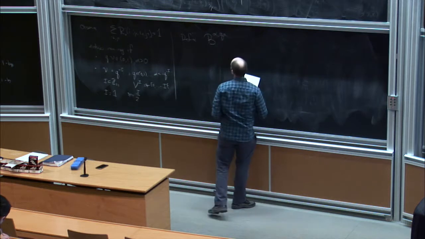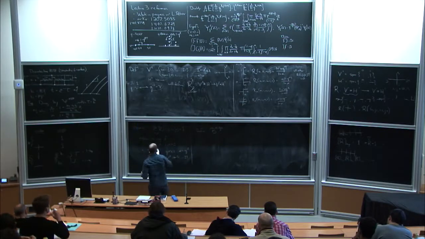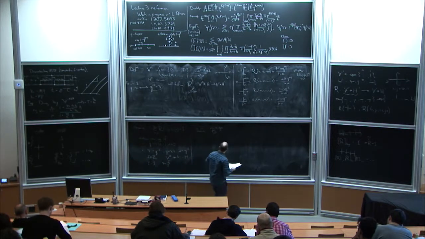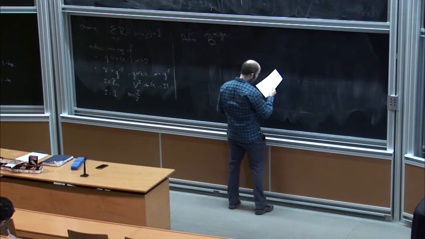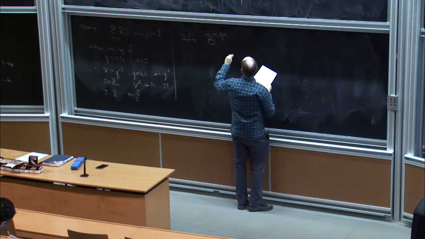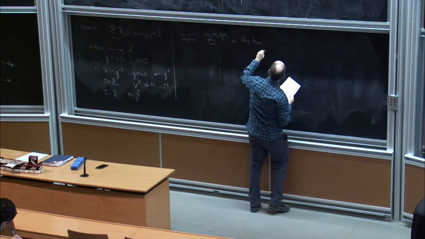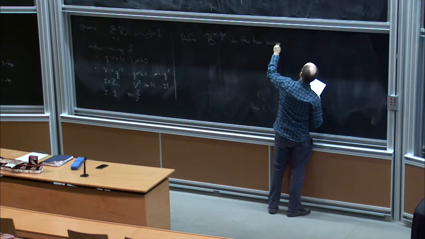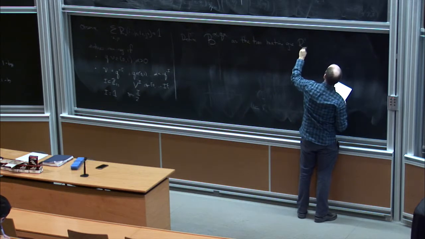I'm going to fix q and nu, and think of alpha as a parameter. The reason I've written this slightly weird form will become apparent a little later. This will be the transition matrix given this R_1 alpha.